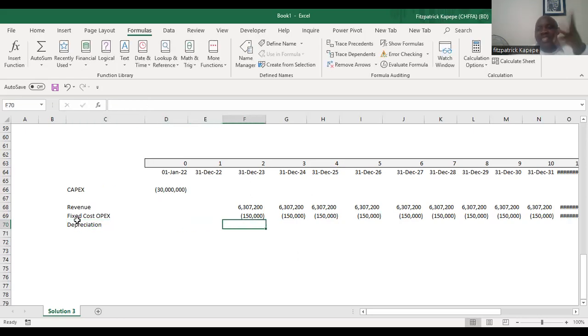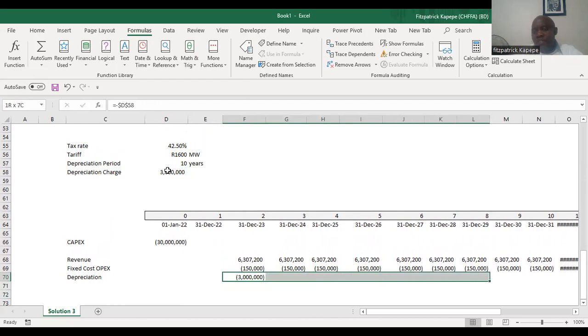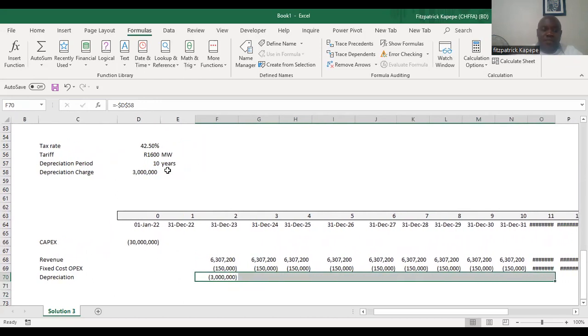I could still put in an IF function which shows that once it goes up to the 10th year it should stop, but I don't want to confuse you, so I'm not going to do that. So I'll say equals minus the depreciation charge, which is this. I'll lock it. This is 1, 2, 3, 4, 5, 6, 7, 8, 9, 10 there.